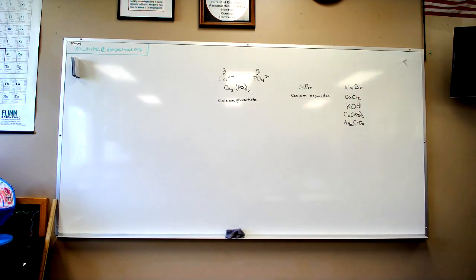What about that one? Silver. Silver something. So what we need to find is CrO4 on our polyatomic ion list. Chromate. It's silver chromate.